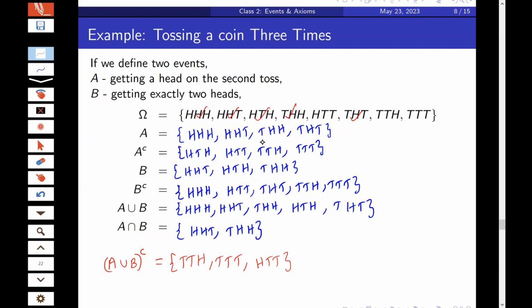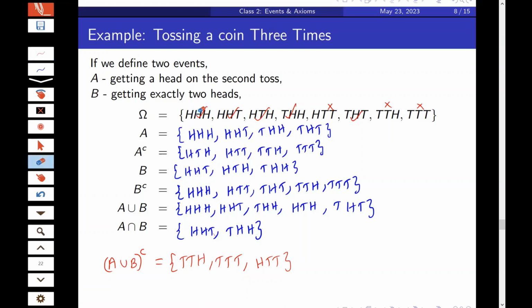So those are the items in A union B. That means A union B complement should have these three items: HTT, TTT, TTH. So that's how you can find the items in A union B complement.